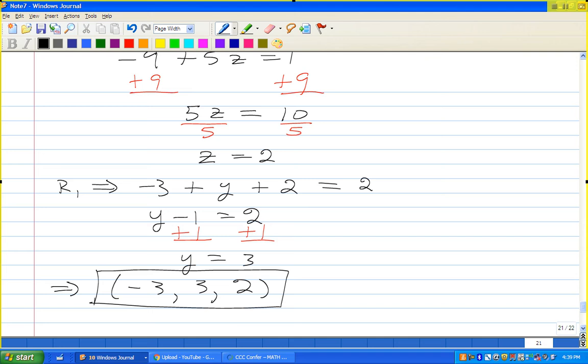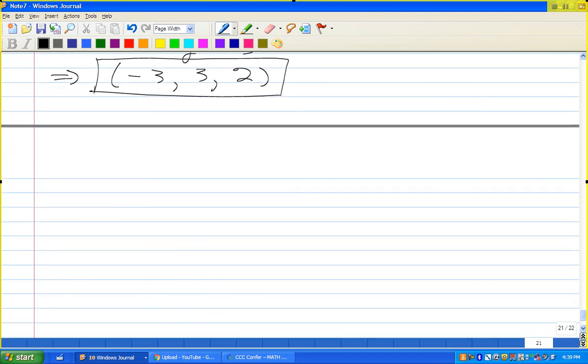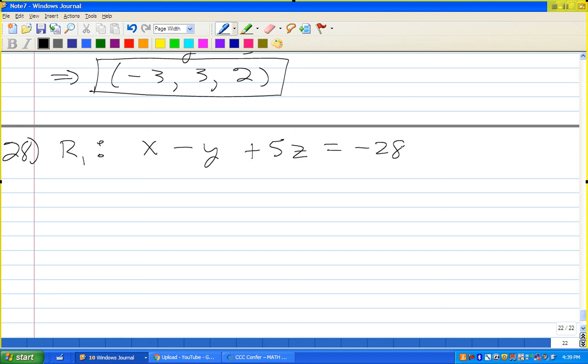Let me do problem number 28. So my first equation, x minus y plus 5z equals negative 28.